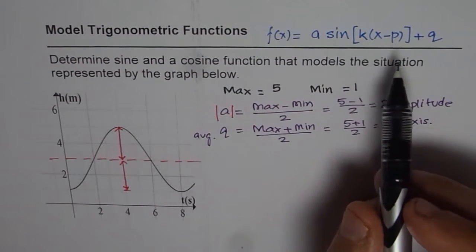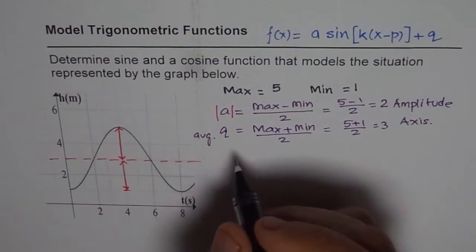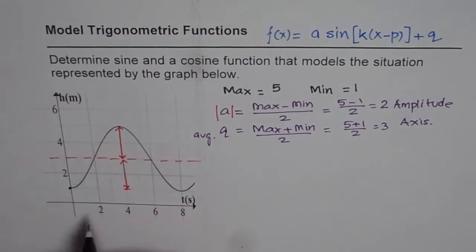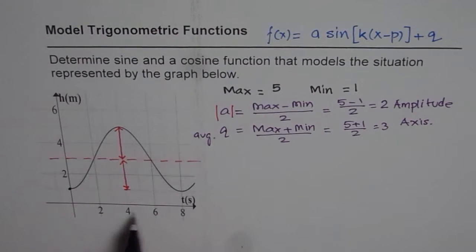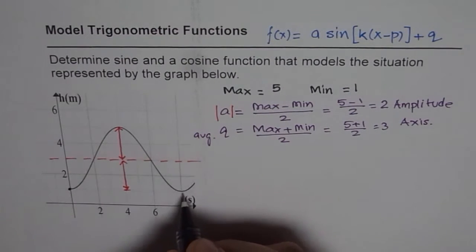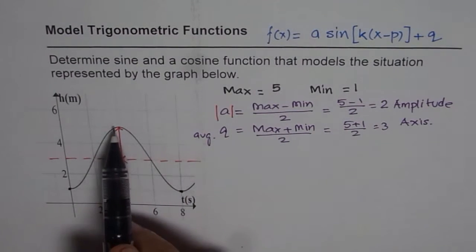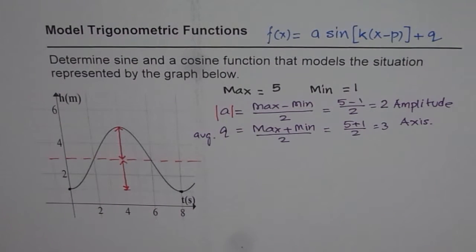Now let's find the time period. To find the time period, we need to find, along the x-axis, in this case t is along the x-axis, 2 times when the graph is at a minimum or at a maximum. So that is what you're looking for.